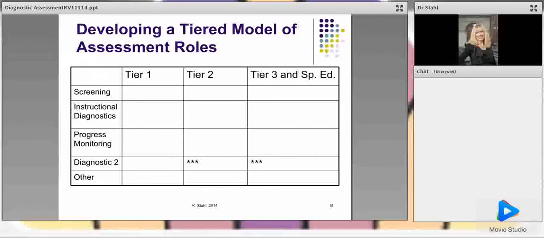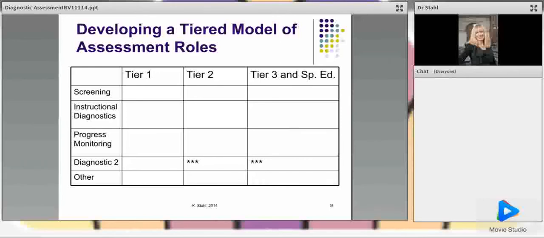I think one of the very important things for schools to do in this era of so many assessment choices is to define, through an audit process, what assessments are being used at each grade level, and then distribute in a deliberate way who's going to be administering which assessments, and how that information will be communicated among us.